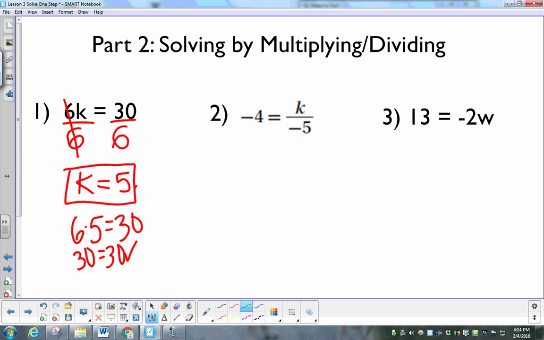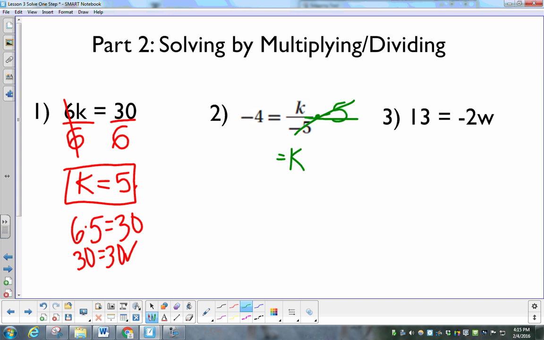All right, let's look at this next example. Here I can see it looks like a fraction. So I know it's division. I'm taking k and I'm dividing it by negative 5. So the opposite of that division is multiplication. I can multiply it by negative 5. And negative 5, I can kind of think of this as an extended fraction here. Negative 5 over negative 5 cancels out. I'm just left with k.